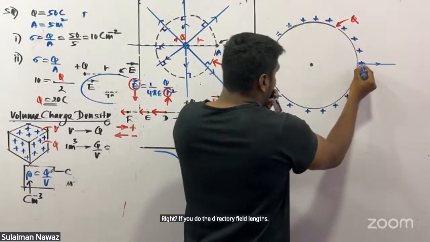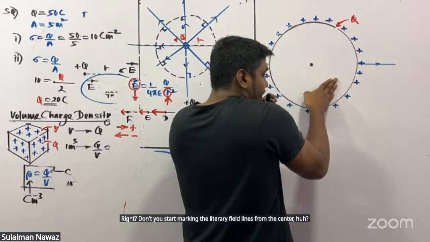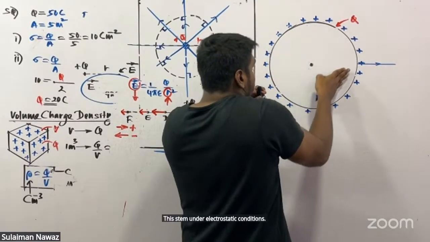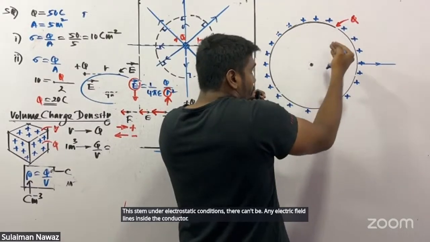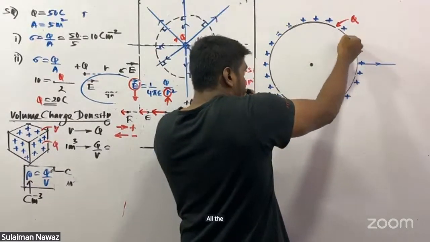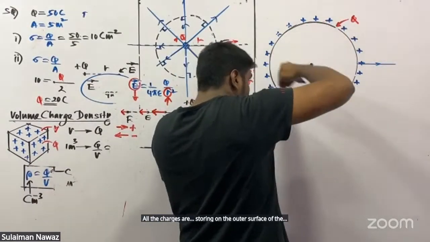Don't start marking the electric field lines from the center. Under electrostatic conditions, there can't be any electric field lines inside the conductor. All the charges are stored on the outer surface of the hollow conductive sphere.